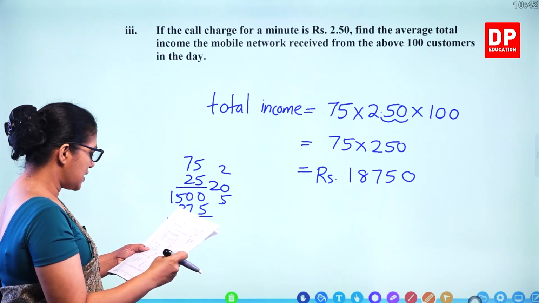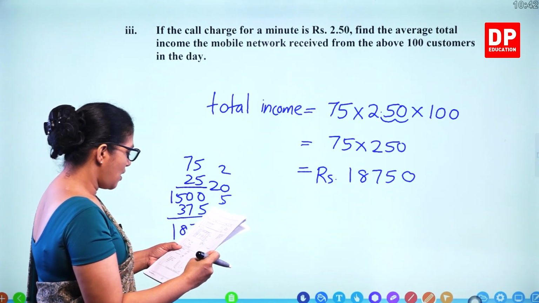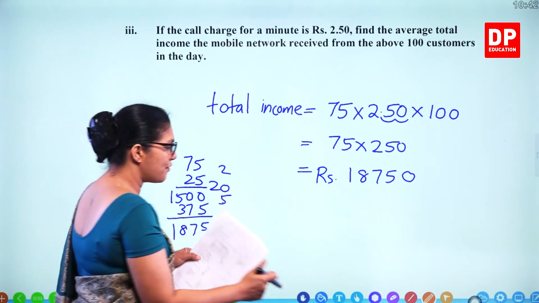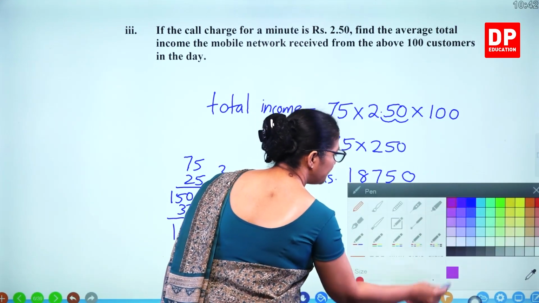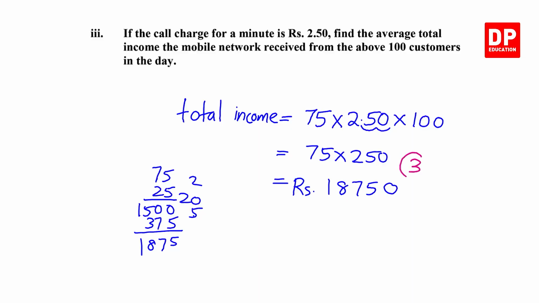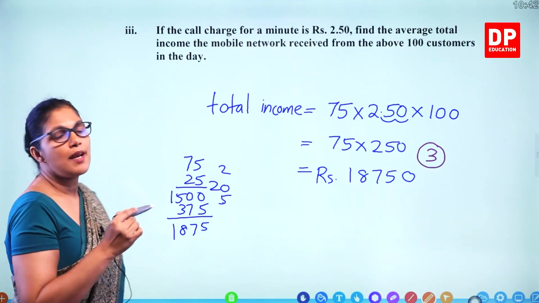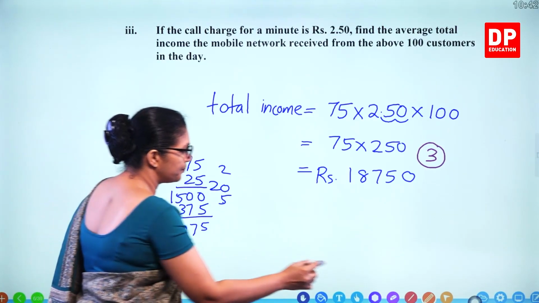So what's the answer? 18,750. You get 3 marks for that. So altogether we gave 7 there and this 3, 10 marks for the whole question.